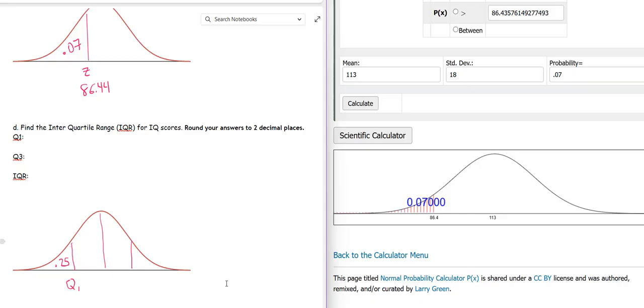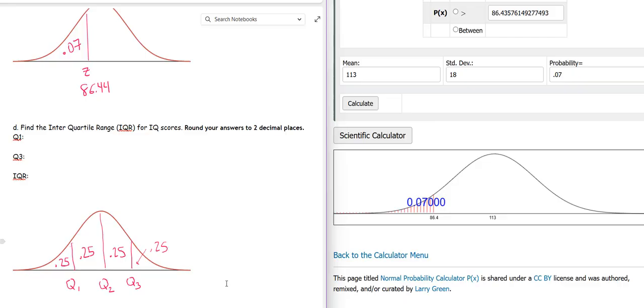If this is Q2, which is just the mean, then the area here is 0.25 between Q1 and Q2. And for Q3, the area between Q2 and Q3 is 0.25. And then the area greater than Q3 is, again, 0.25.